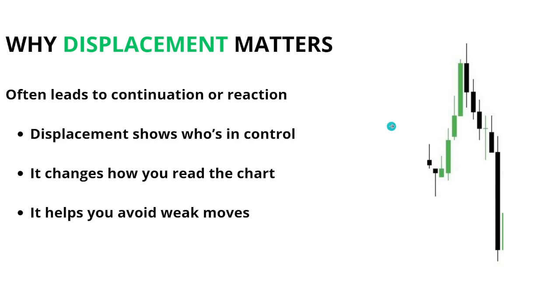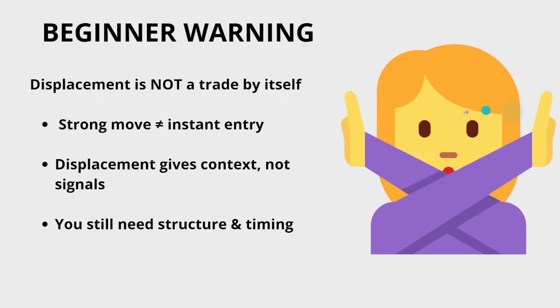But that's why this placement matters. It shows you who is in control and when that dynamic is about to shift. And guys, this is simple. Something that I like giving multiple warnings on nowadays is that displacement is not a trade by itself.